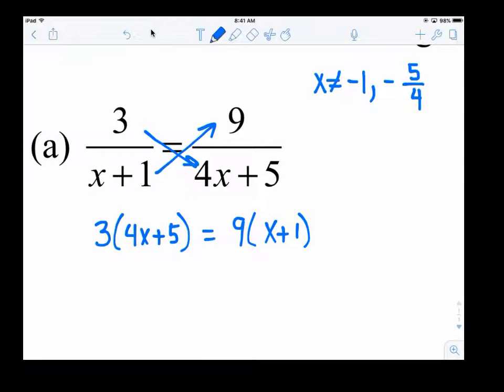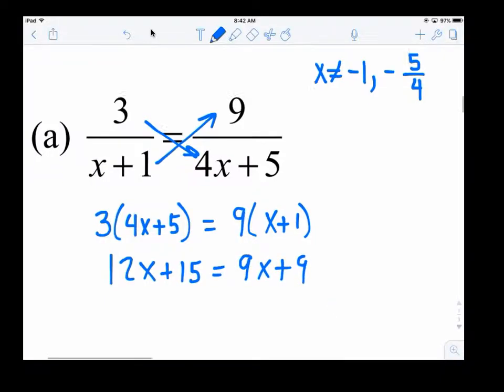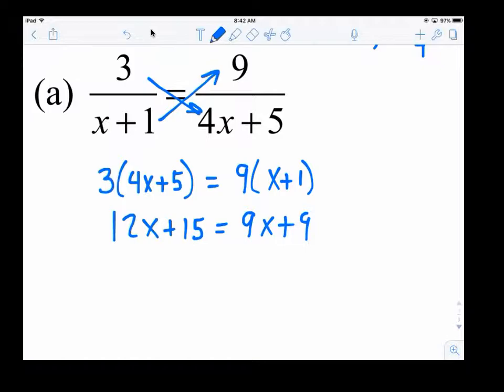Before, we were just looking to put two fractions together. Now we're trying to figure out exactly what number x could be. So you get 12x plus 15 equals 9x plus 9. What does that give me? 3x equals -6, so x is -2.